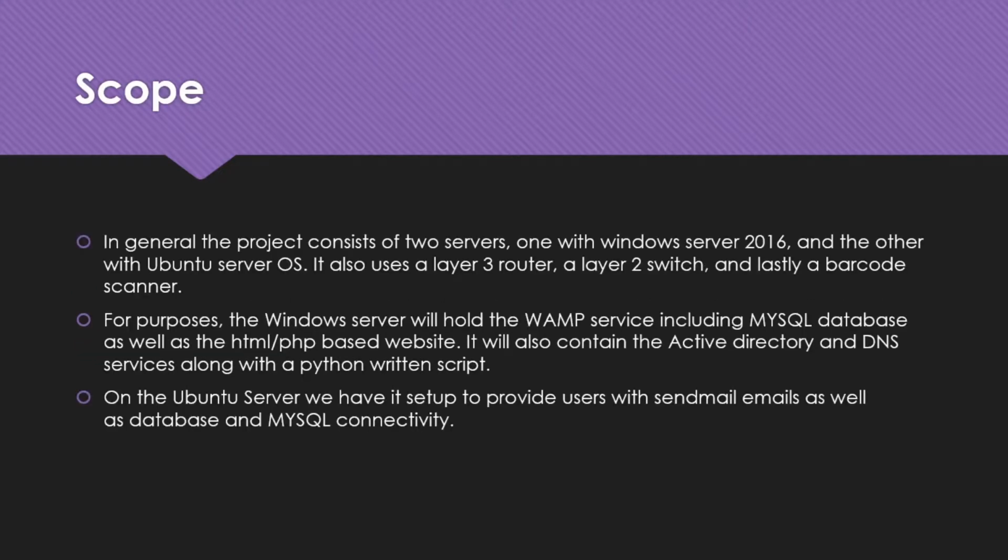For the scope of the project, we have for hardware two servers, one Windows Server 2016 and the other with Ubuntu Server OS. Also included is a layer 3 router, a layer 2 switch, and lastly a barcode scanner. The Windows Server will hold the WAMP service, including the MySQL database, as well as the HTML/PHP based website browser.